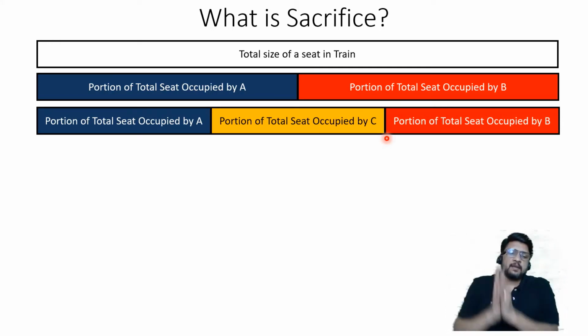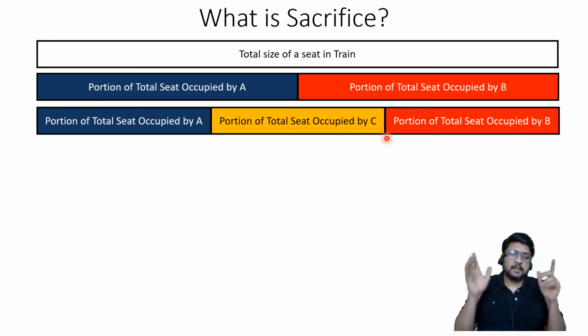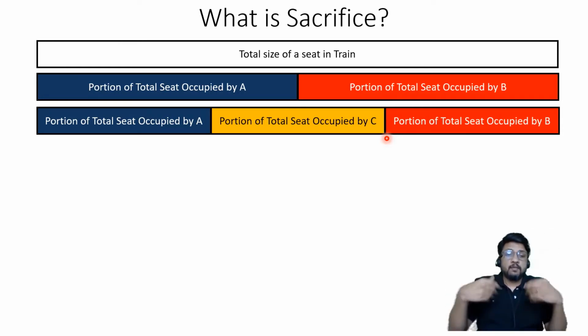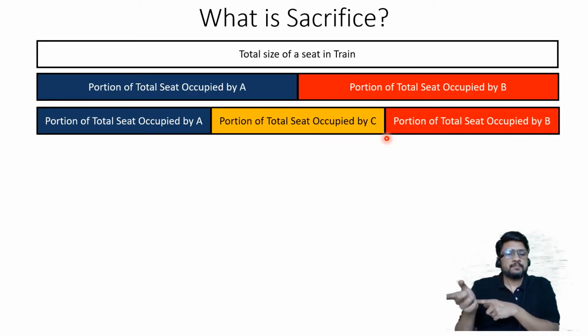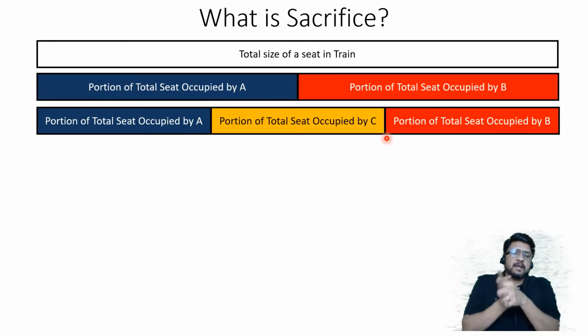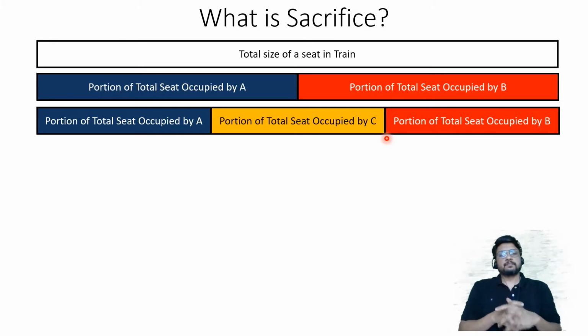They'll have to give it away to the new person who has come in. So if you can understand the basic idea, the total size of the seat remains constant. So a new passenger coming in is forcing the old passengers to give away some portion of the seat which was occupied by them. That is called sacrifice by A and sacrifice by B.